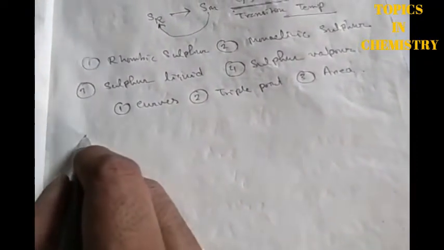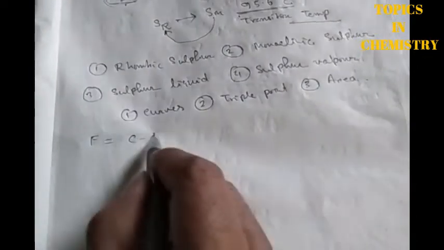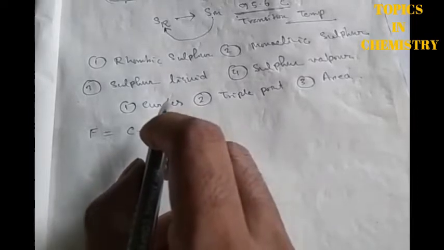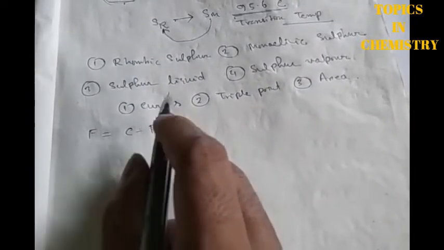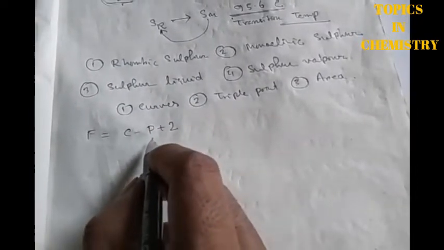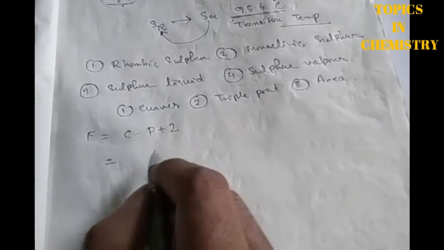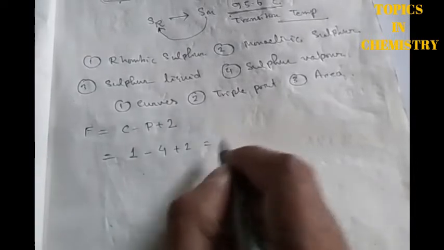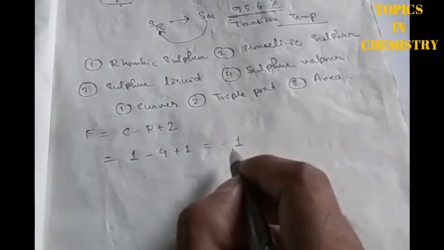Now you know the degree of freedom, F equals C minus P plus 2. Sulfur can exist in 4 different forms, so the number of phases is 4. It is a one-component system, so F equals 1 minus 4 plus 2, which is minus 1.